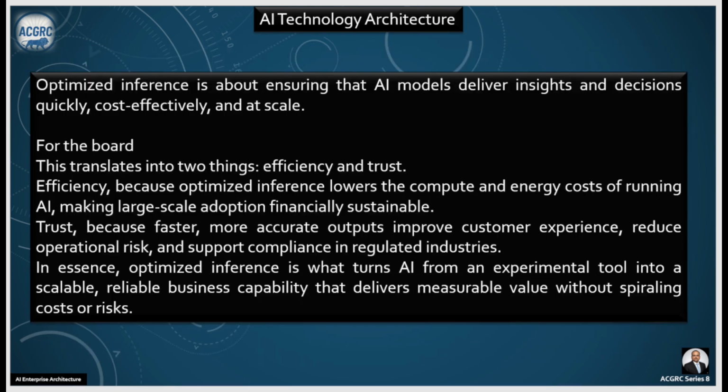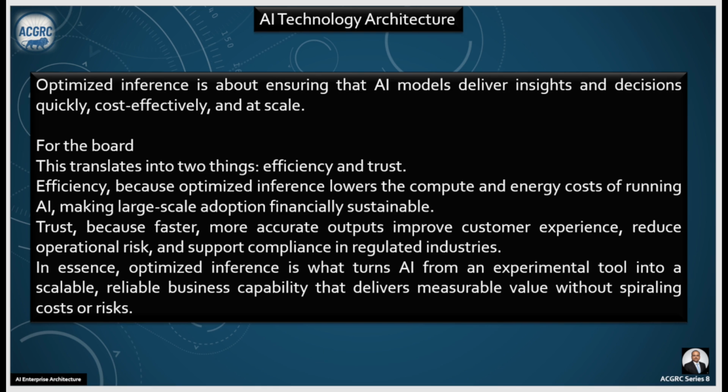Optimized inference is about ensuring that the AI model delivers insight and decisions quickly, cost effectively, and at scale. This translates into two things: efficiency and trust.